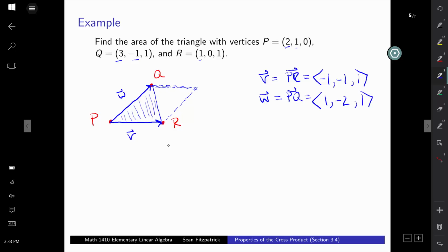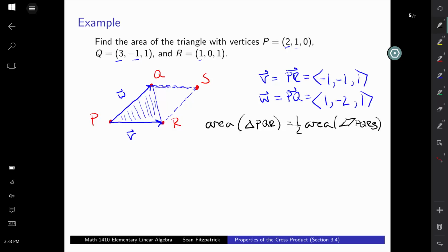Let's call the last point S, and let's keep our colors consistent. One of the things you can see is that the area of this triangle PQR is 1/2 the area of this parallelogram PQRS. That much is clear. What is the area of the parallelogram? You may recall a formula from high school, you may not.